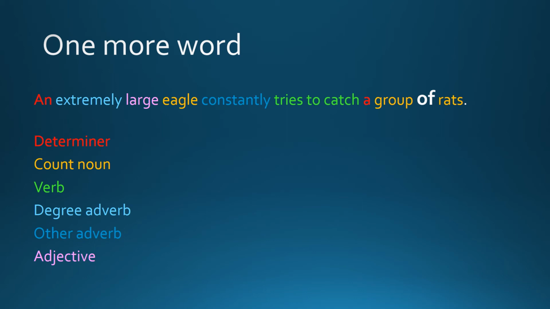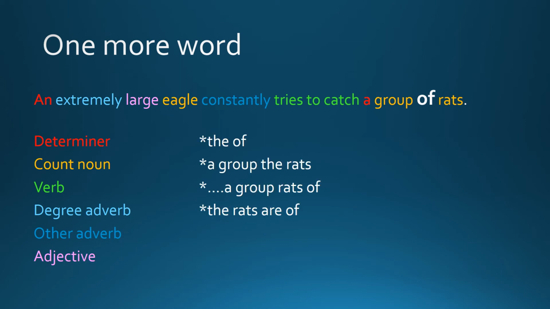To test that further, we can actually see if it belongs to any of the other categories. So let's do that. Well, you can't say the of, and so of is not a noun. You can't replace of with the. A group the rats doesn't work, so it's not a determiner. You can't move it to the end of the sentence. You can't have a group rats of, so it's not an adverb.